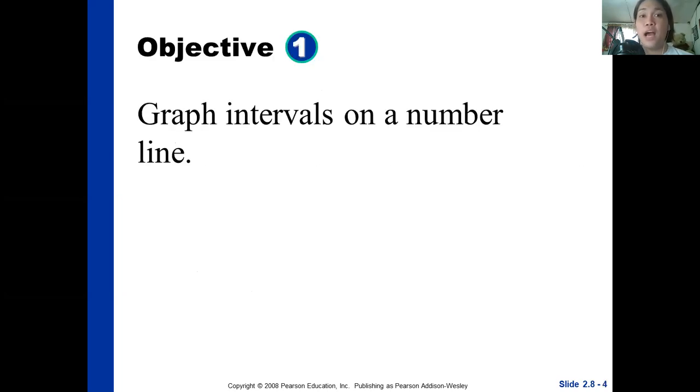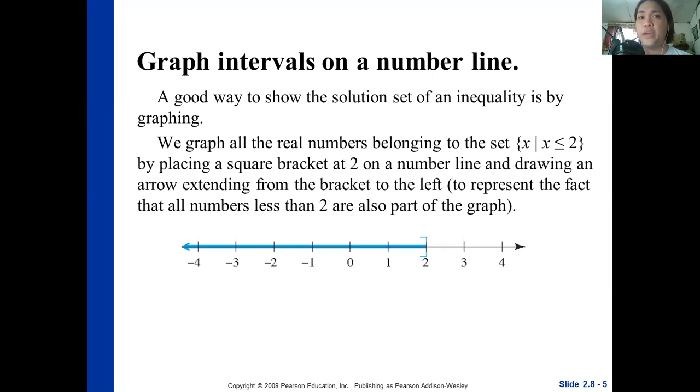Now our first objective is to graph intervals on a number line. A good way to show the solution set of an inequality is by graphing.